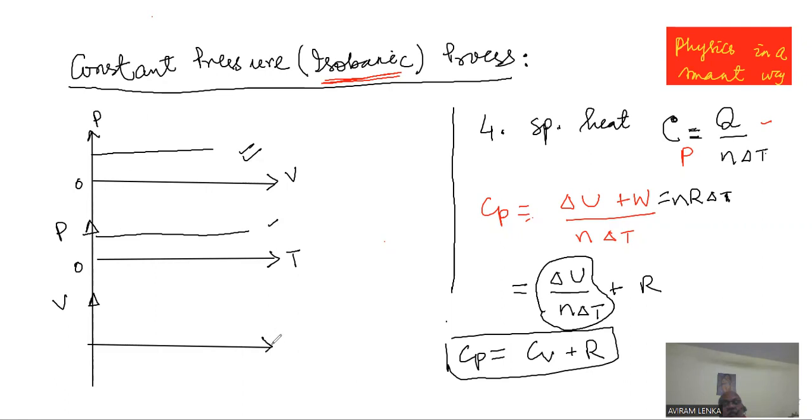What sort of graph will we be seeing? We can realize that if we look at the state equation, V by T is constant. We consider volume on the y-axis, temperature on the x-axis, y by x equal to constant.